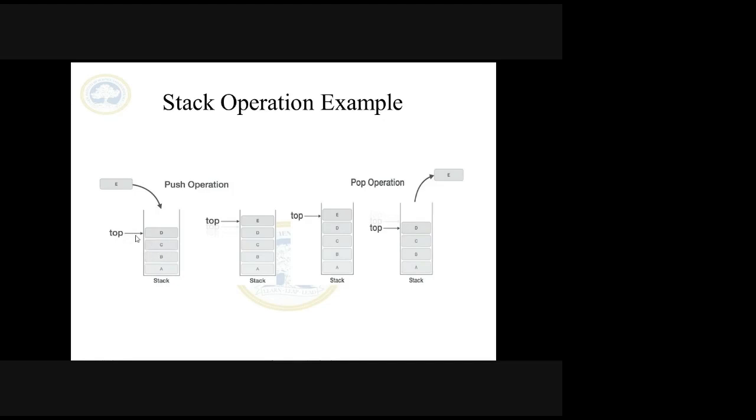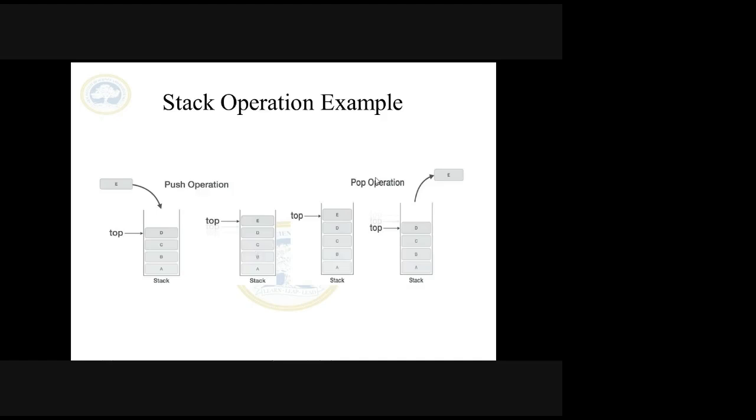Now when I want to push E, my top will be incremented. The top is at index 3, so 3 plus 1 becomes 4, and E will be inserted there. Likewise for the push operation, whenever you want to insert, it will find the position and push.